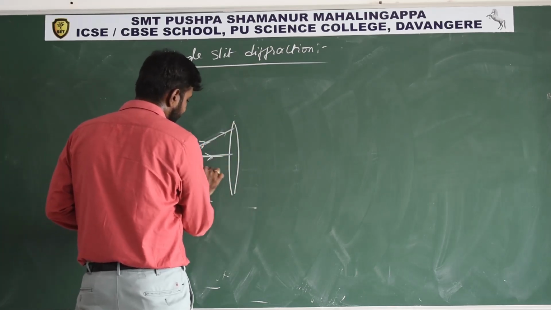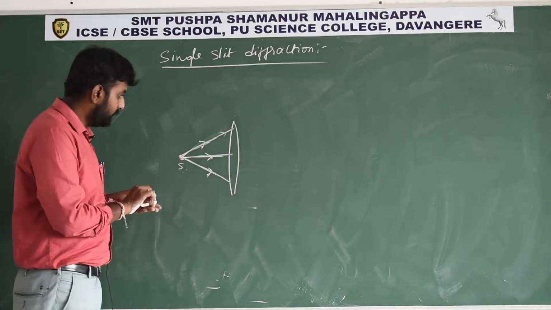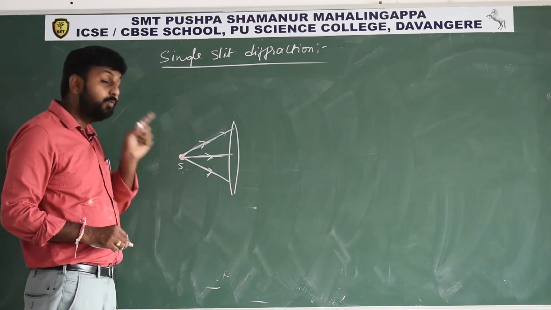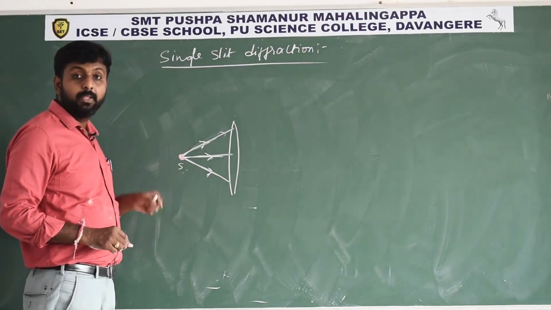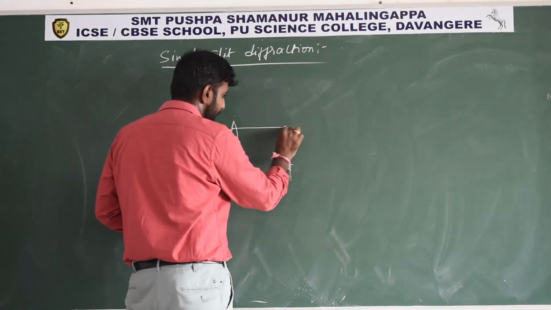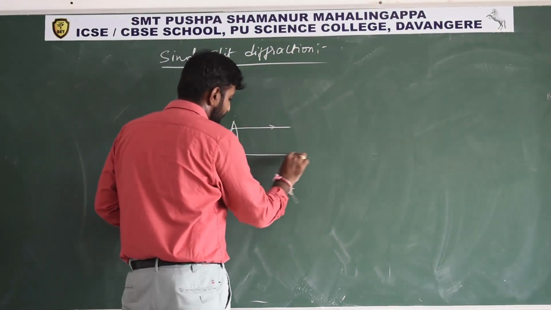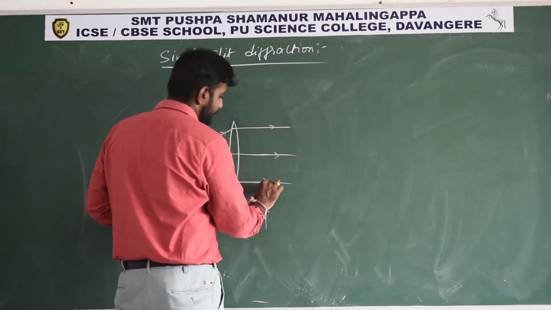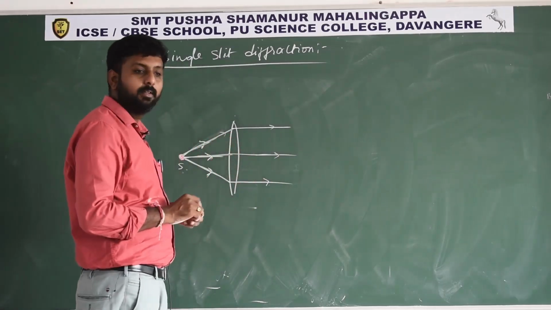That means you have to consider that this source of light is exactly placed at the focus of this lens. Then after refraction, you know that these light rays become parallel to the principal axis, right?